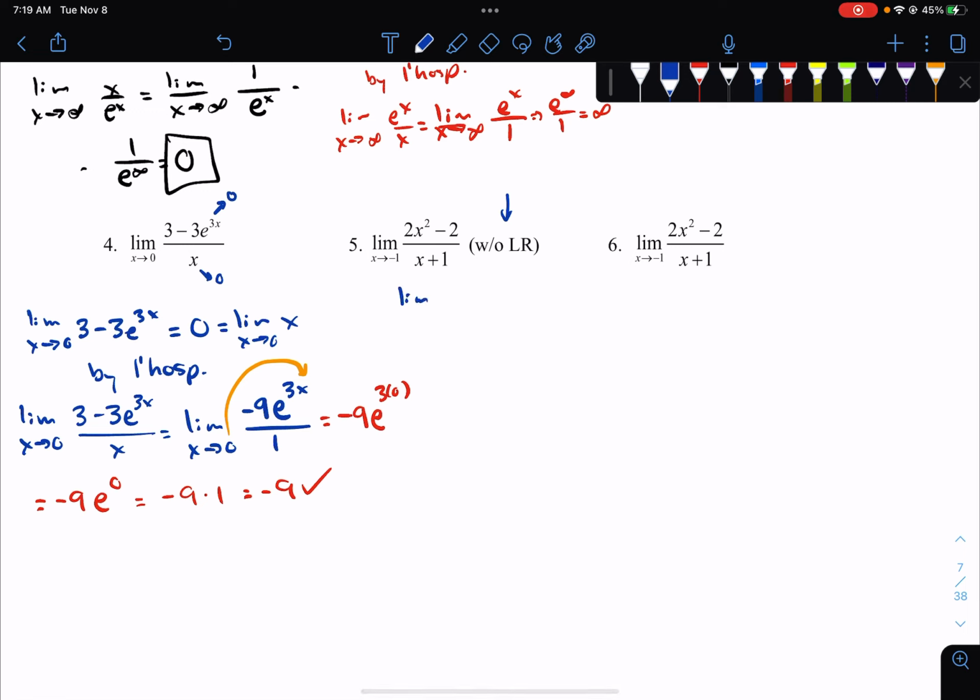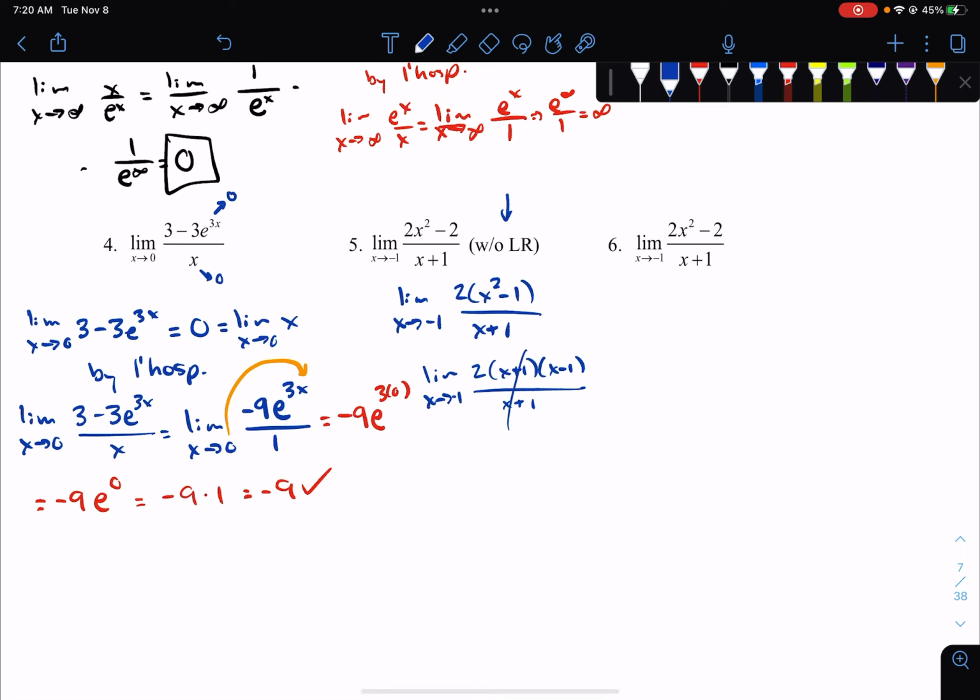So we get the limit as x goes to -1 of 2 times x squared minus 1 over x plus 1. So the limit as x goes to -1 of 2 times x plus 1 times x minus 1 all over x plus 1.